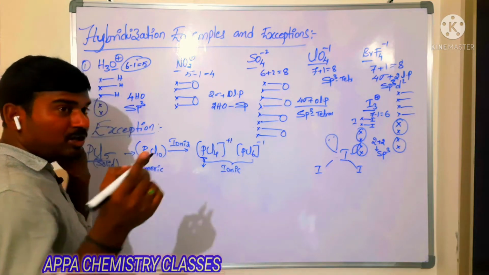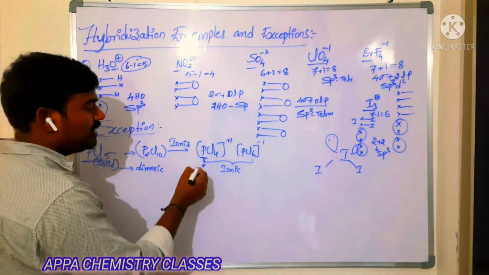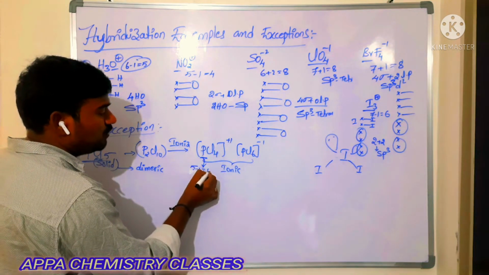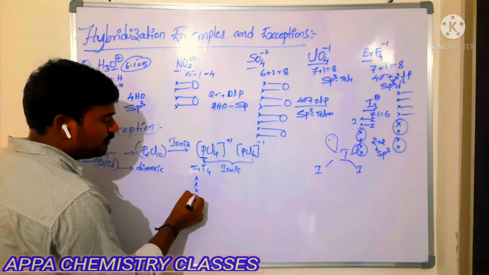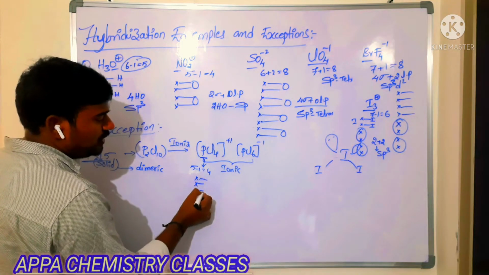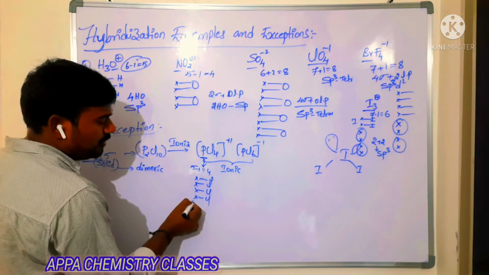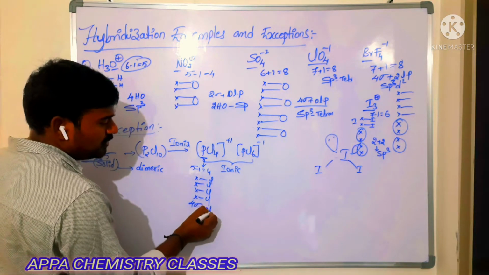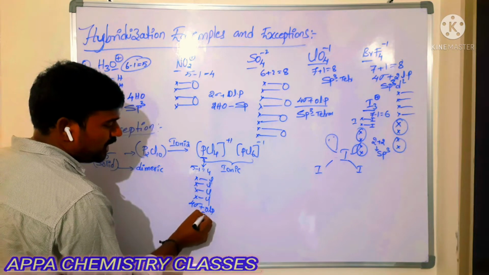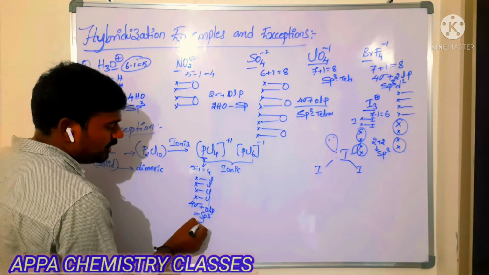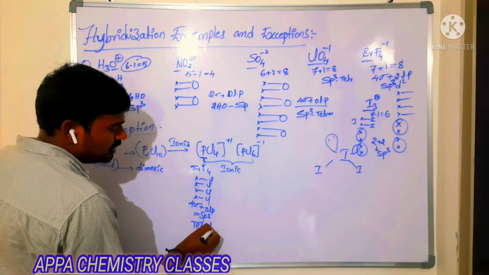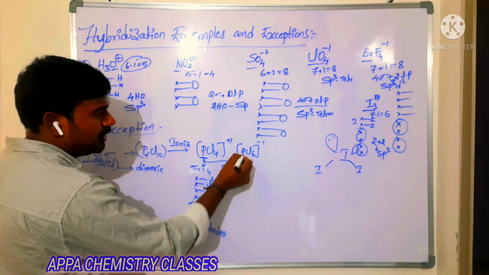Phosphorus belongs to the 5th group. So plus means 5 minus 1, that is 4. 4 dots you keep. So 4 chlorines. So which hybridization is it? 4 sigma bonds plus 0 lone pairs. So that is sp3 hybridization and tetrahedral. Is that clear? sp3 with tetrahedral geometry here.